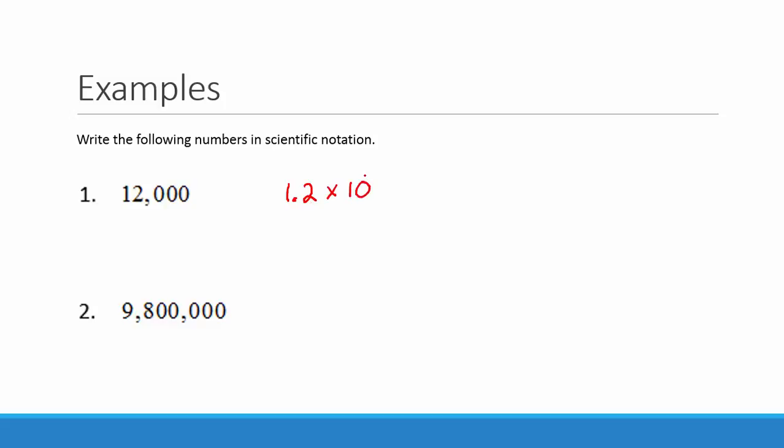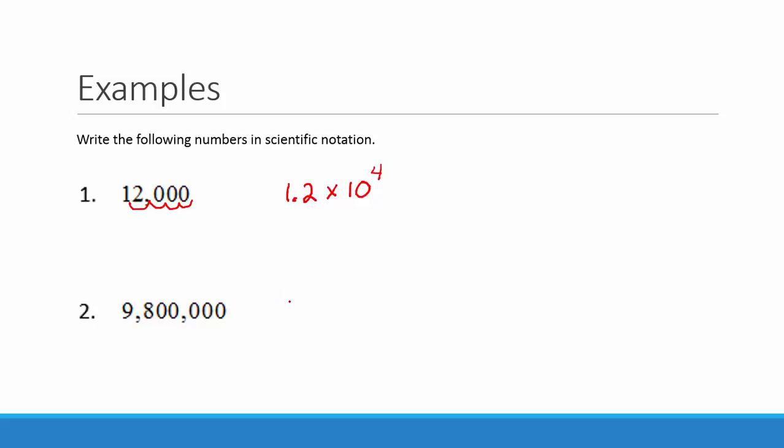Then we need to figure out the power of 10 that we will multiply in order to get the original number back. This is a large number, so therefore it will have a positive exponent. We move the decimal point 1, 2, 3, 4 places to get it to be in between the 1 and the 2. So our exponent is going to be a positive 4.